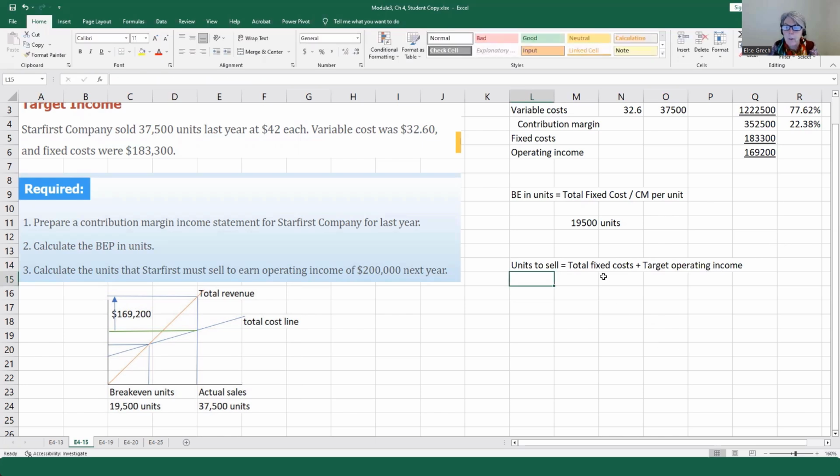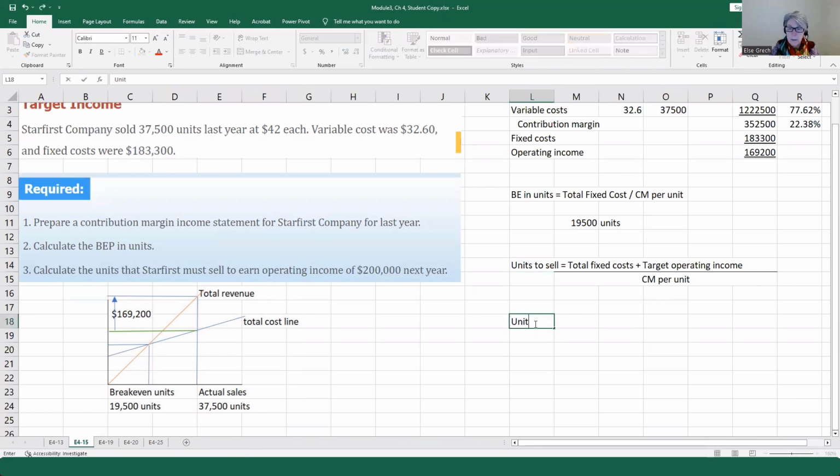And then all of this is going to be divided by the contribution margin per unit. I need to determine how many units I need to sell to make a target operating income. So I add the target operating income into our fixed costs, divide it by the contribution margin per unit, and it's going to tell me exactly how many units I have to sell.